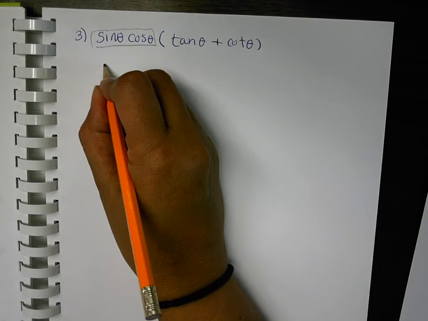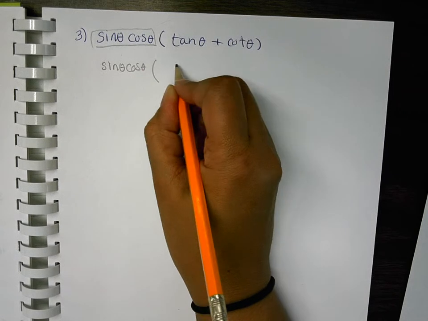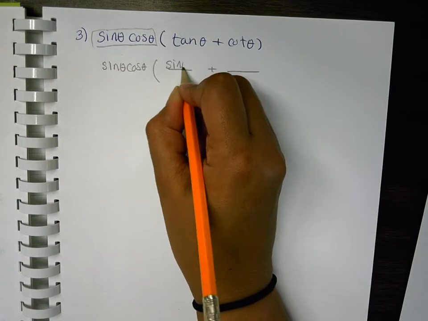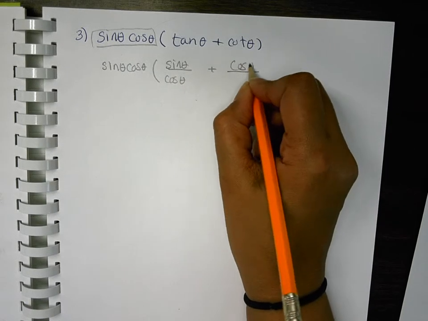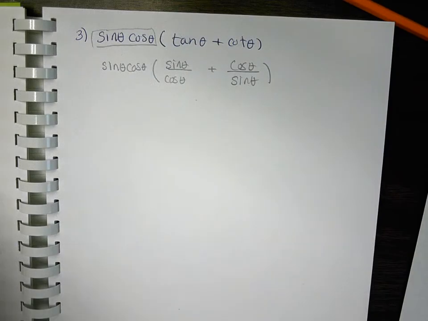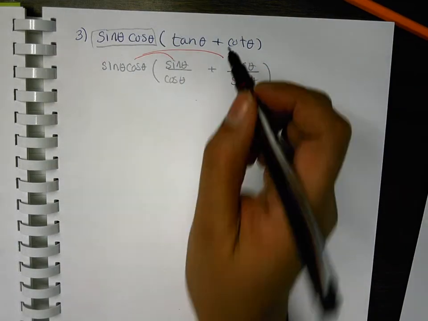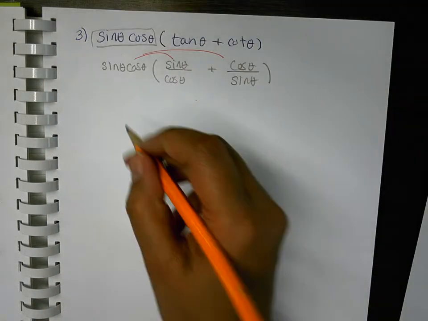All right. Sine theta, cosine theta. And then what did we say tangent was? Over cosine theta plus. All right. And then we distribute. Now, I'm not going to go too fast and reduce in my head. I'm going to go a little slow.